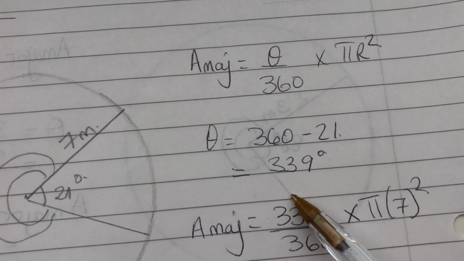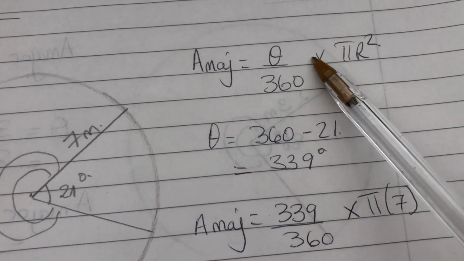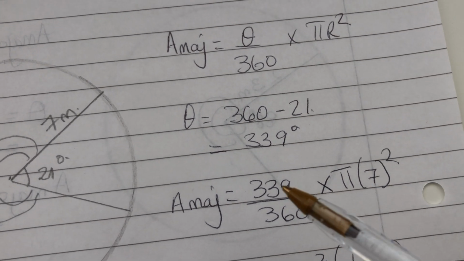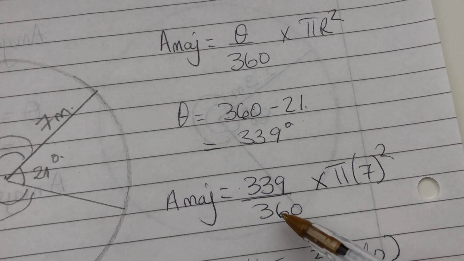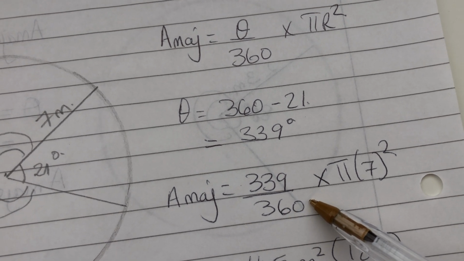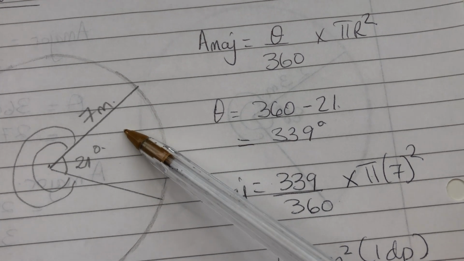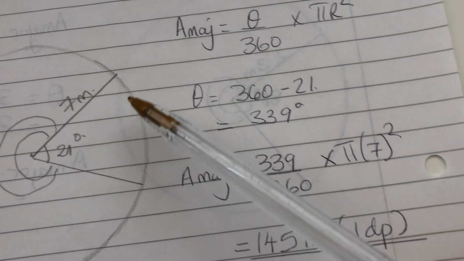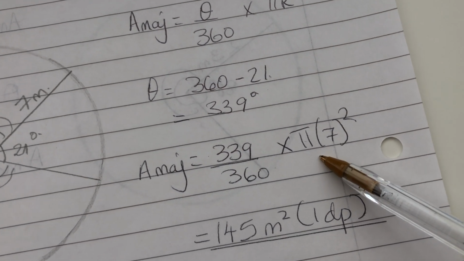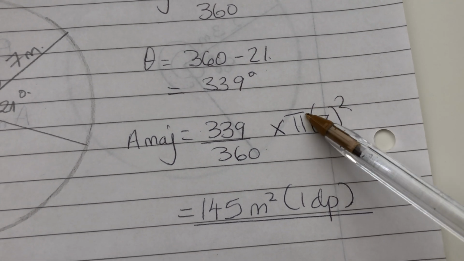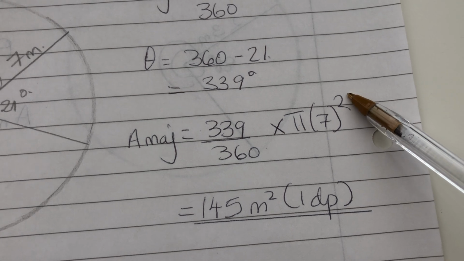This is the angle you need to use with the formula. So 339 divided by 360 times pi. Your r here is 7, so 7 all squared, so pi r squared.